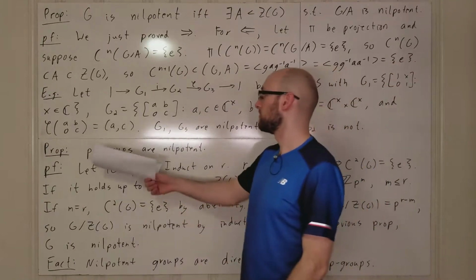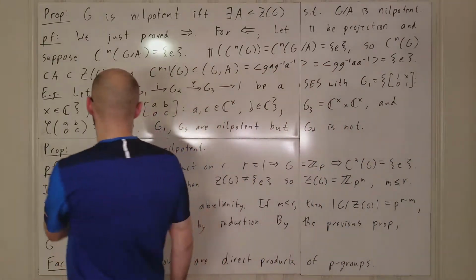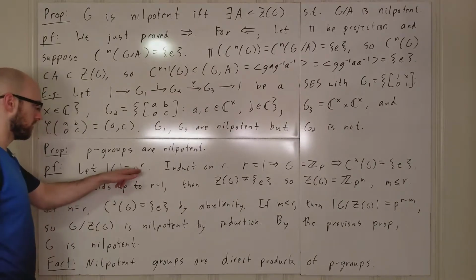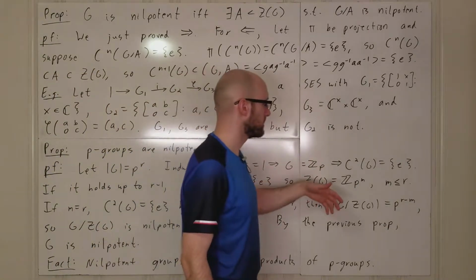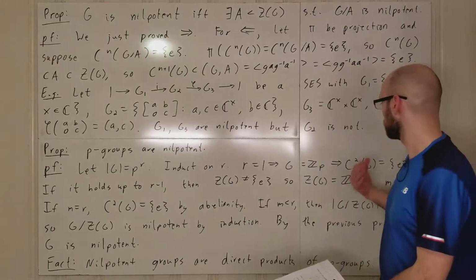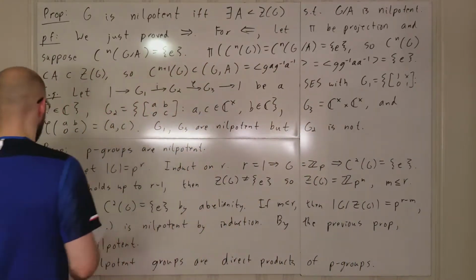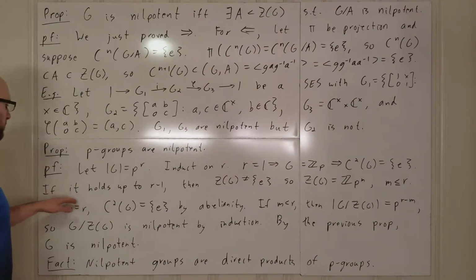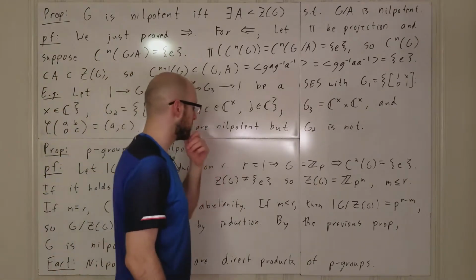So first of all, p-groups are nilpotent, so we're going to induct on the exponent here. If you've got a p-group of order p^r, if r is 1, then G is just Z mod pZ, and so it's abelian, and so its commutator is trivial. And so it is nilpotent. If it holds up to r minus 1, so we're doing the induction step, the center of G is non-trivial.